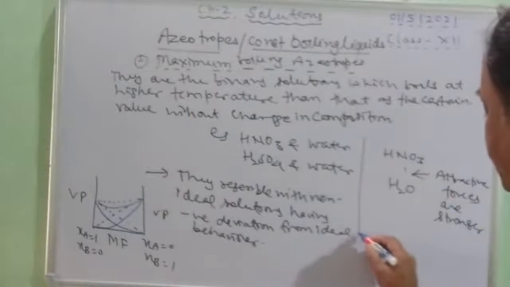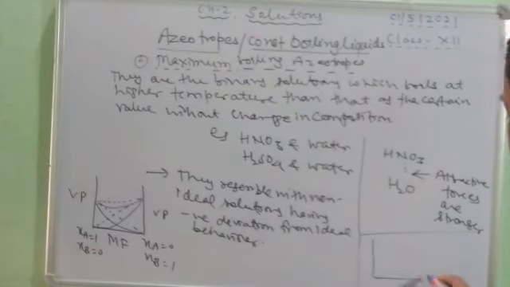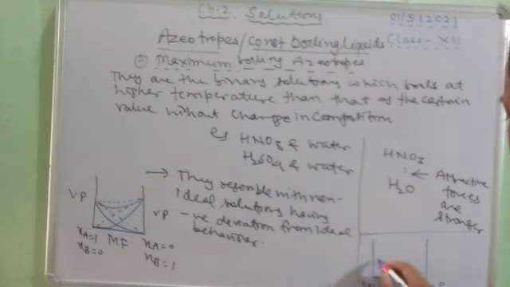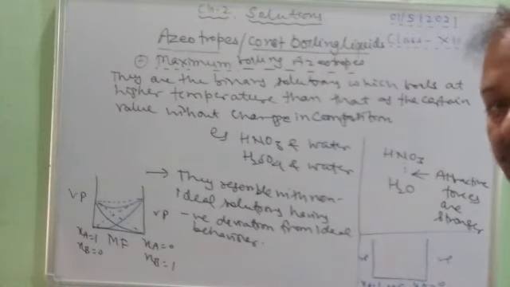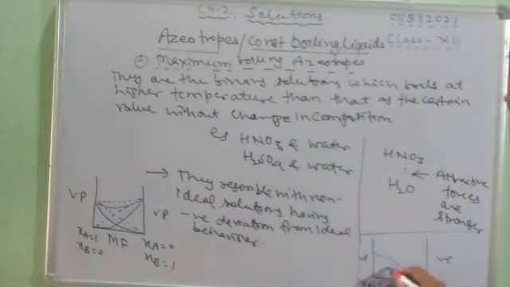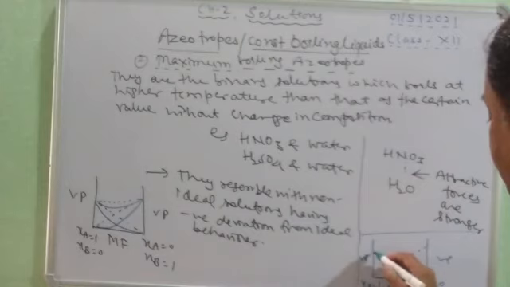In case of minimum boiling, it will just be reversed. In case of minimum boiling, the condition will be like this. Here there will be the mole fraction, and as before, XA is equal to 0, XB is equal to 1, here XA is equal to 1, XB is equal to 0. Vapor pressure is on this axis, and as a result we have this type of representation. Here there will be elevation.